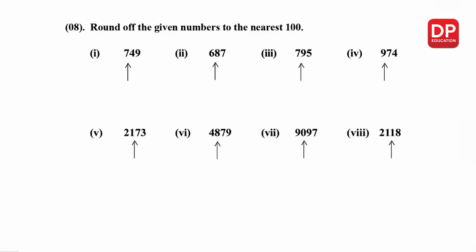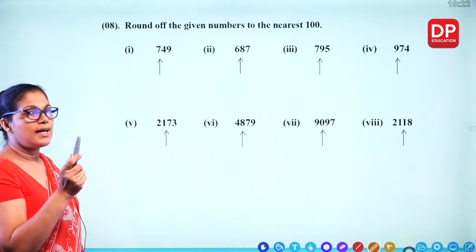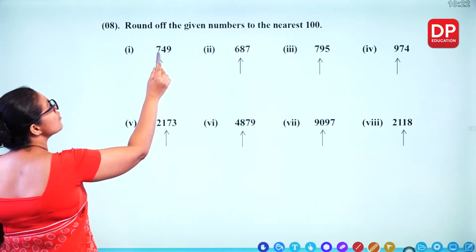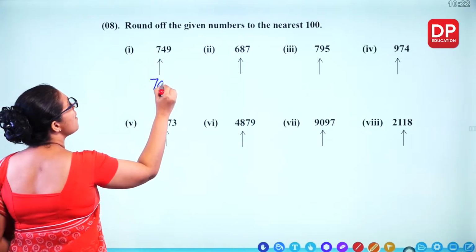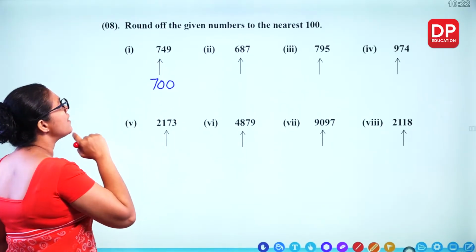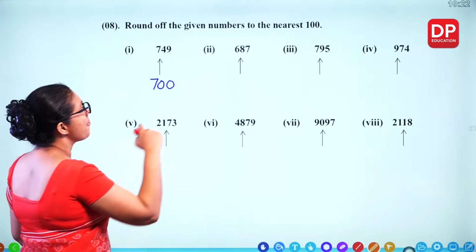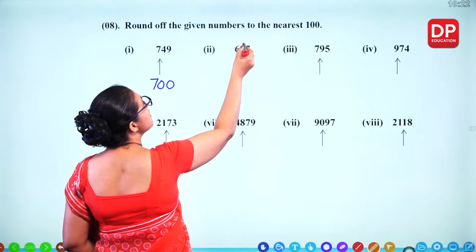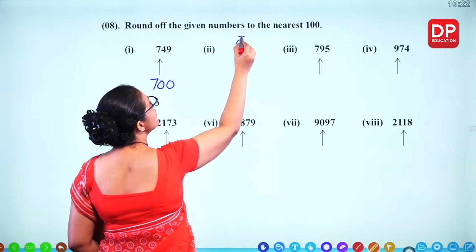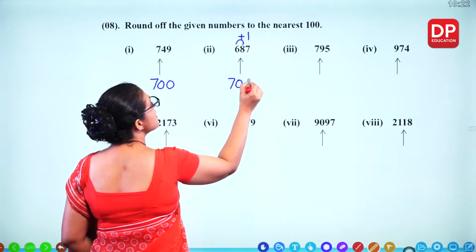Round off the given numbers to the nearest 100 now. 7 is the 100th digit. So next number is 4. So we don't add. So what's the number? 700 is the number. This is 6. Next number is 8. That means we need to add 1 to that. This becomes 700.